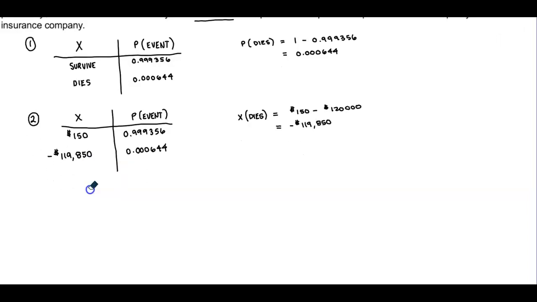Now, in order to obtain the mean or the expected value of the policy, we're going to substitute these values into the formula for the mean. Recall that the mean is equal to the sum of x times the probability.